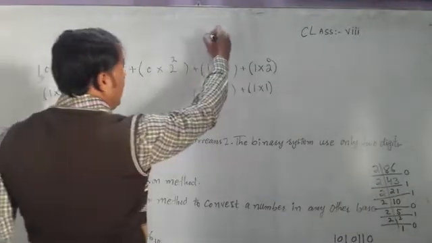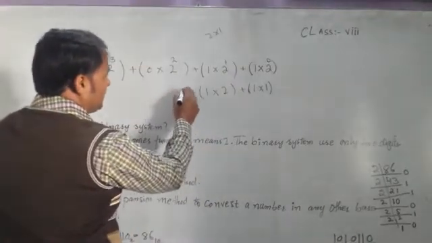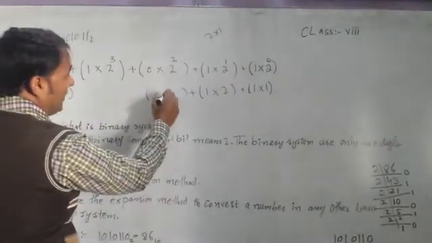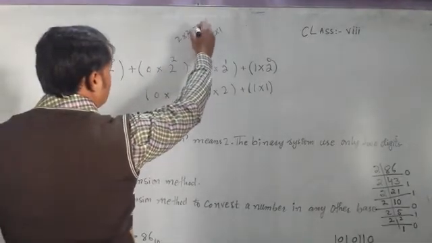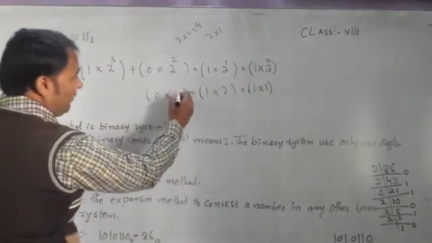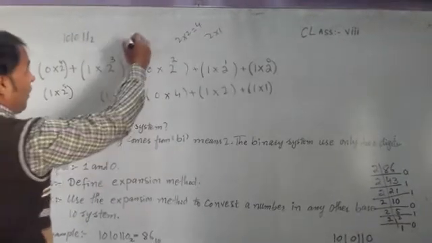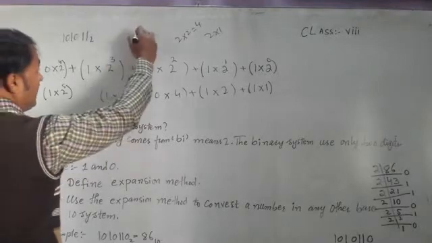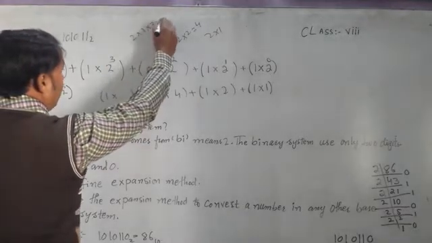If 2 is multiplied 1 time, the answer is 2. Then plus 0 multiplied by 2 to the power 2, meaning 2 multiplied 2 times, 2 twos are 4. We write here 4. Plus 1 multiplied by 2, how many times multiplied? 3 above means 2 multiplied 3 times: 2 twos are 4, 4 twos are 8.